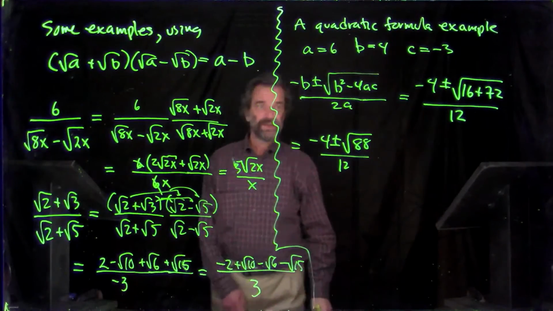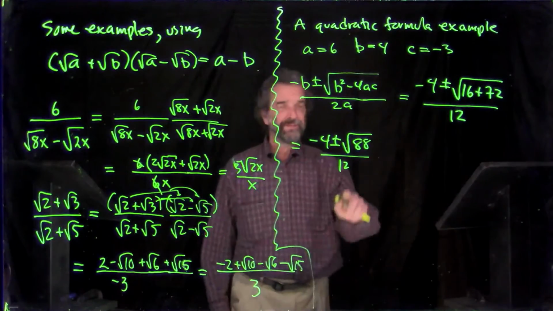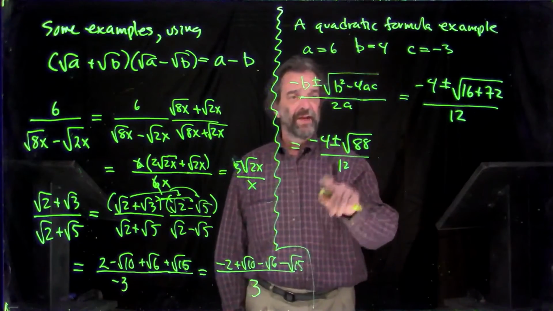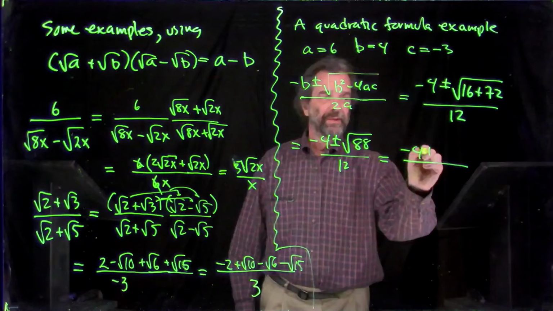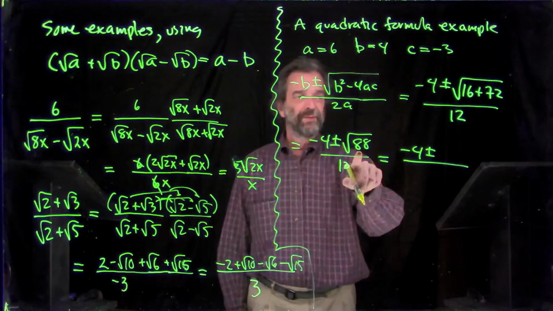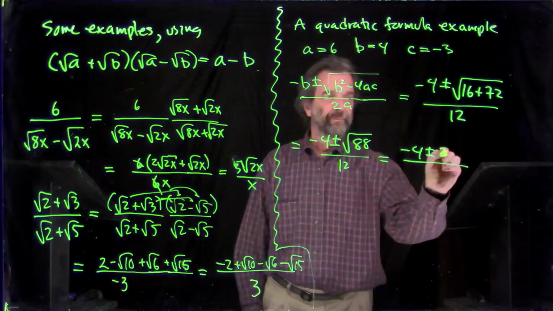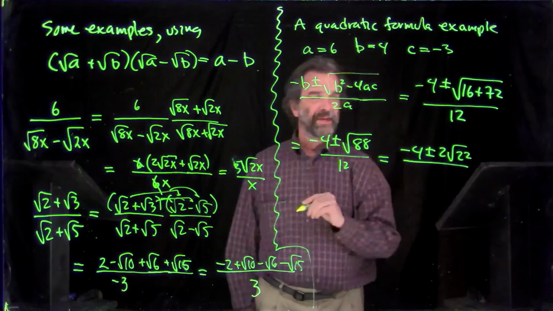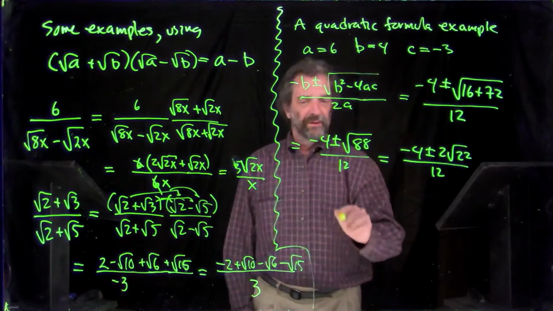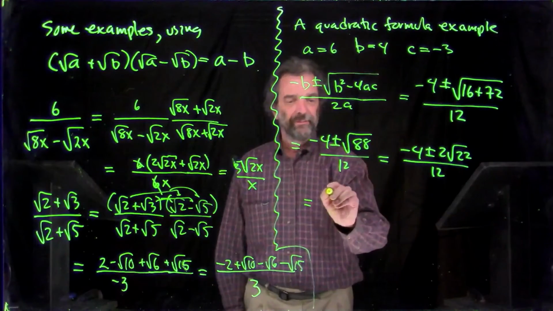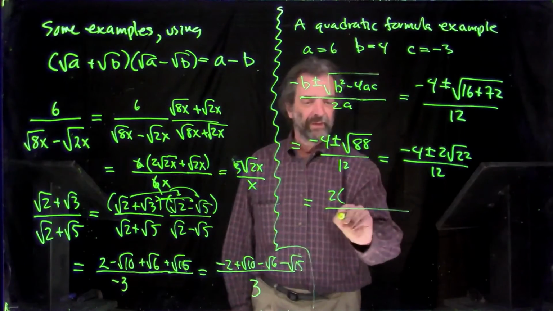And we have to check to see if that's in simplest form. So we have to actually simplify this radical and see if there are any common factors. So here we go, minus 4 plus or minus. There's 4 times 22 in there. So I can write that as 2 times the square root of 22 over 12. So now I see a common factor of 2.